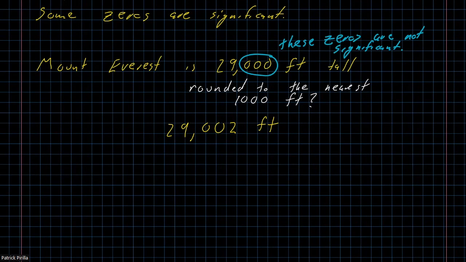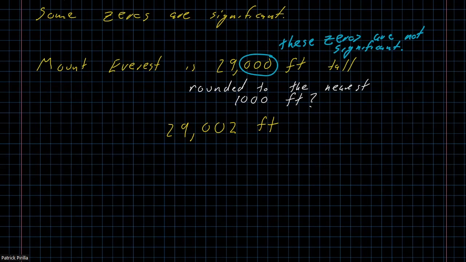That is to say, we are going to assume that the zeros at the end of this value are part of a rounding and not actually measured precisely.